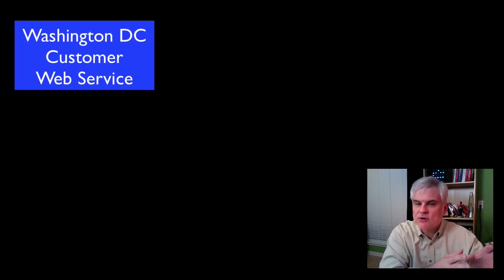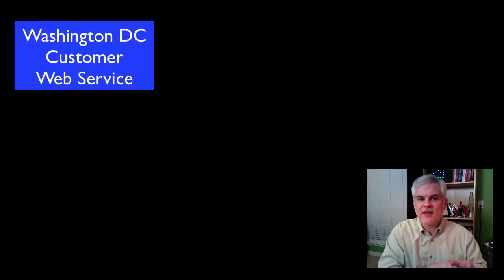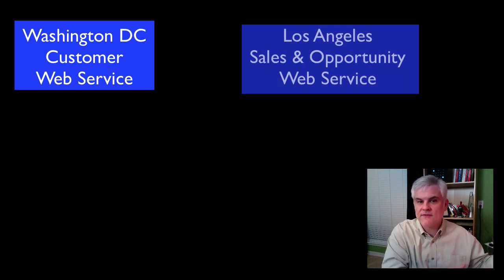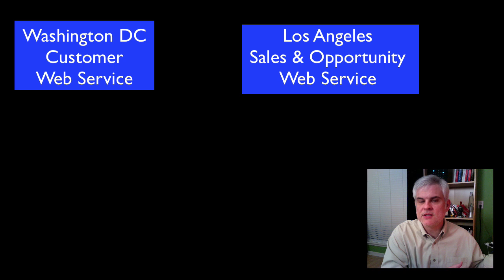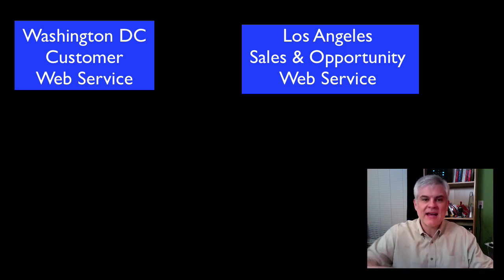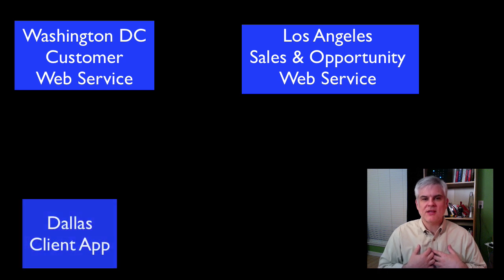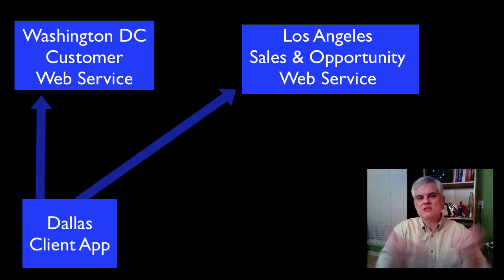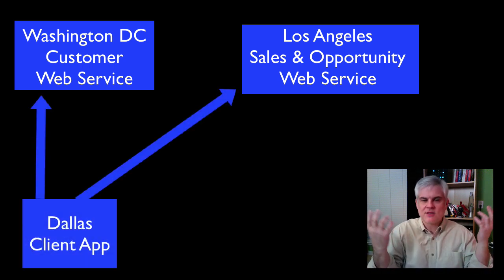So let me give you another example here. Perhaps I work for a large organization, multiple offices around the globe. The Washington, D.C. office manages customer information, so it can serve that information to client applications. Perhaps my Los Angeles office manages sales and opportunity information, so it can serve that information to client applications. So now I'm creating an application, I come in later, and I want to marry current customers with new opportunities somehow, some way, okay?